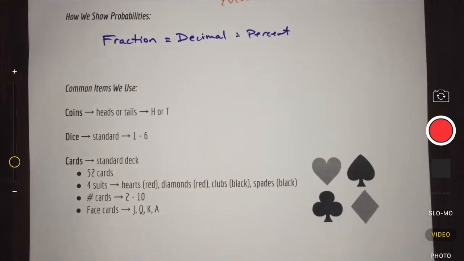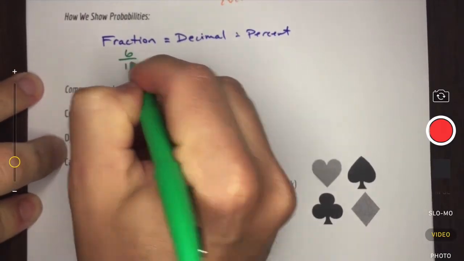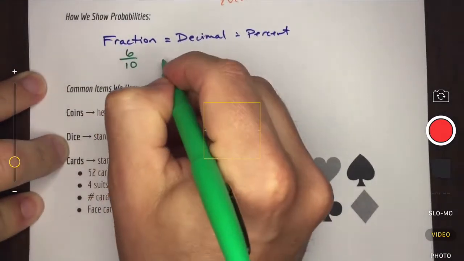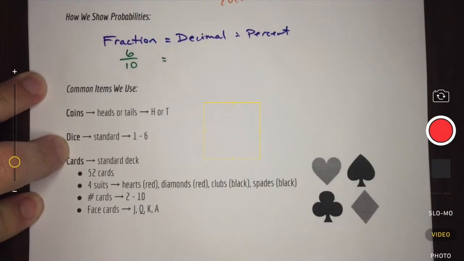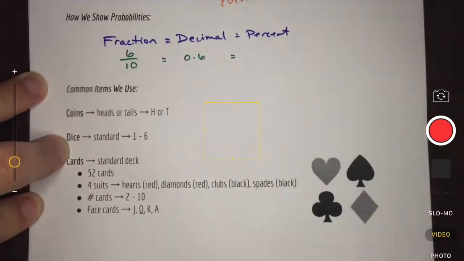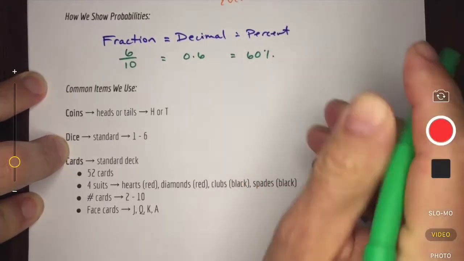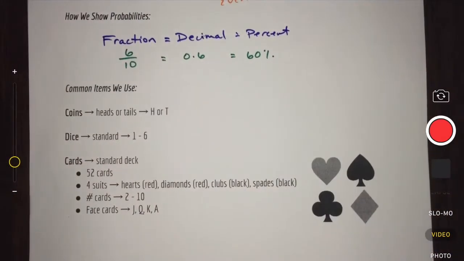So, as an example, if we had something that happened 6 times out of 10, we can put that fraction as 6 over 10. We can then, using our calculator or your math knowledge, turn that into a decimal of 0.6, and we can then turn that into a percentage, so that particular event would happen 60% of the time.